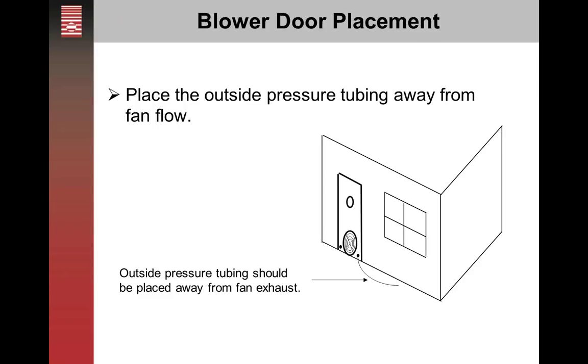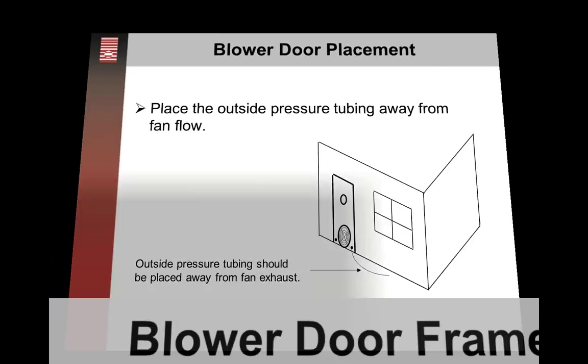Generally we want to place that tubing in the bottom corner of the house, someplace where it's obstructed. Sometimes people will place the hose inside of a bottle or a can just to make sure that there's no air moving across the opening of the tubing.